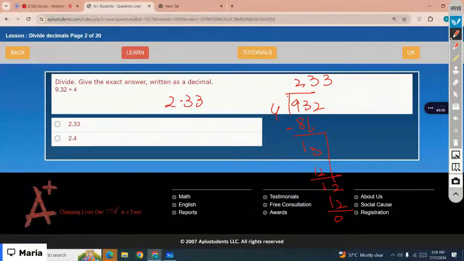So that is 2.33. So the correct option is option number 1, that is 2.33.